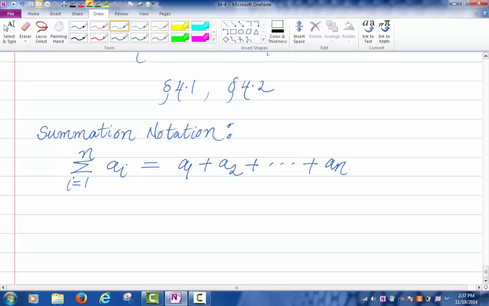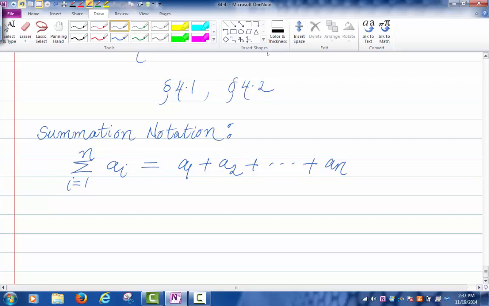That's what's given by a_i. Notice that the notation says i going from 1 up to n. It tells you how many summands there are. There are n summands. Instead of i going from 1 to n, if I have i going from 2 to n, then how many summands do I have? I have then n minus 1 summands, right?